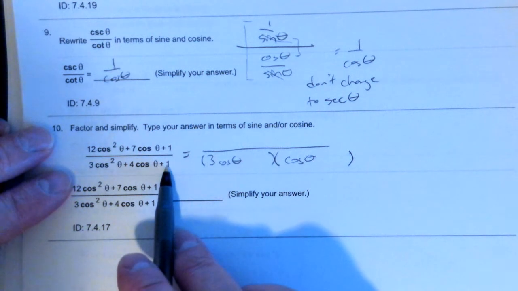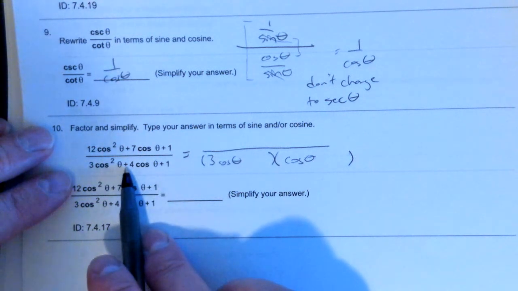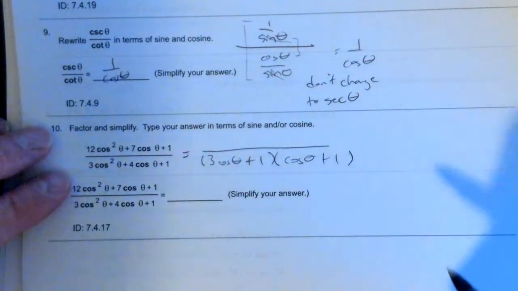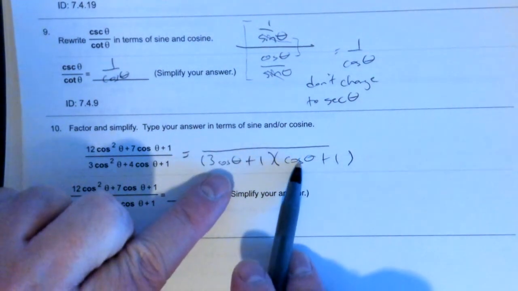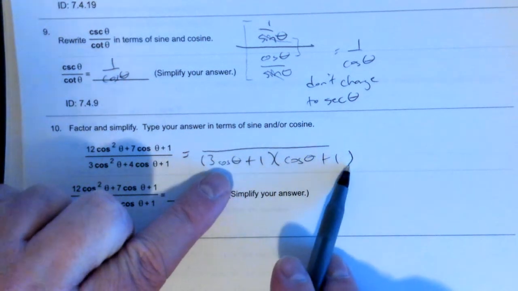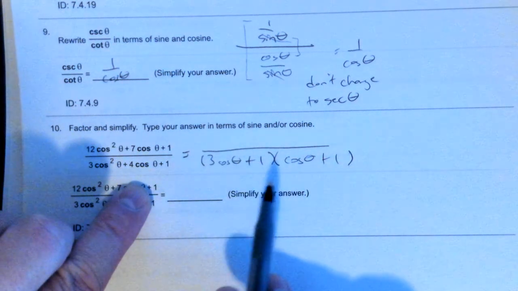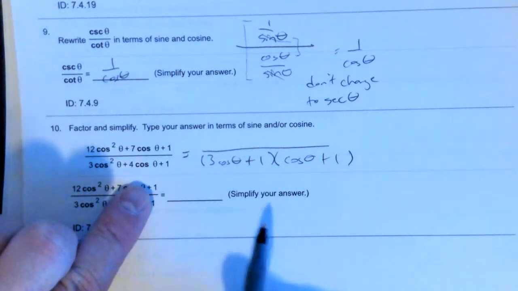And we've got a 1, and our middle term is positive, so we just do plus 1 plus 1. Then check it, 3 cosine squared, and then you have 3 cosine plus cosine is 4, and then 1 and 1 multiplies to get 1.